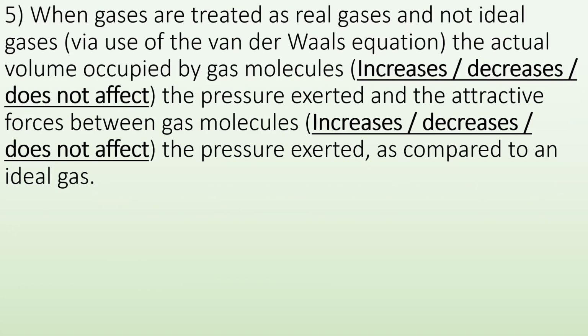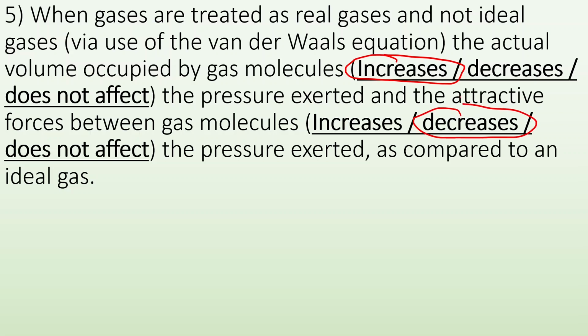All right, number 5, when gases are treated as real gases and not ideal gases via use of the van der Waals equation, the actual volume occupied by gas molecules increases, right? Those gas molecules actually take up space. So when we account for that, the volume they occupy goes up. The pressure exerted and the attractive forces between the gas molecules decreases.